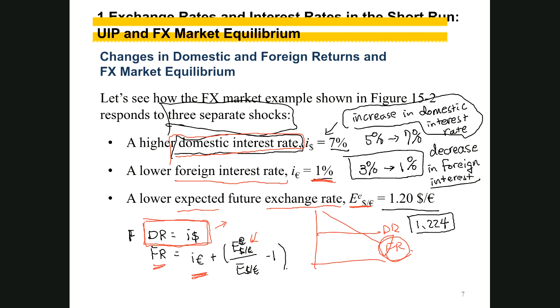Now if it moves from 1.224 to 1.2, a decrease in the expected exchange rate, what will happen? Let's use this graph to take a look.